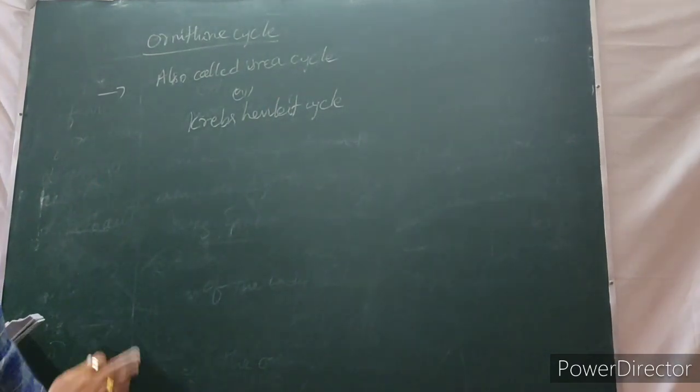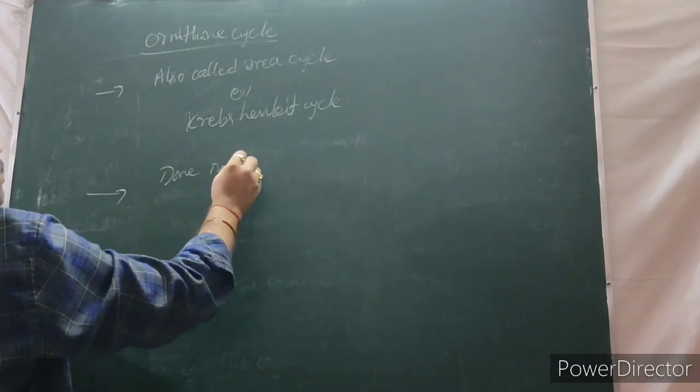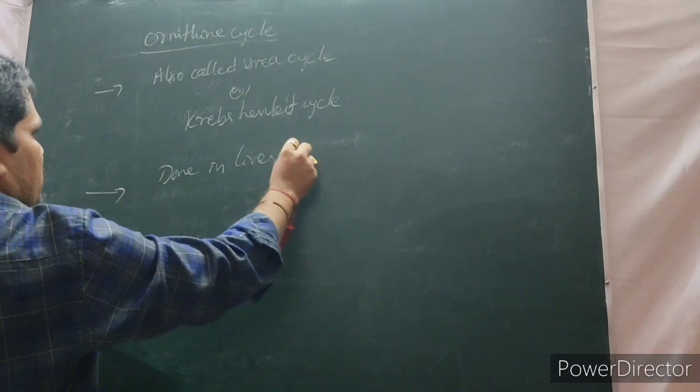This ornithine cycle is done in the liver only.